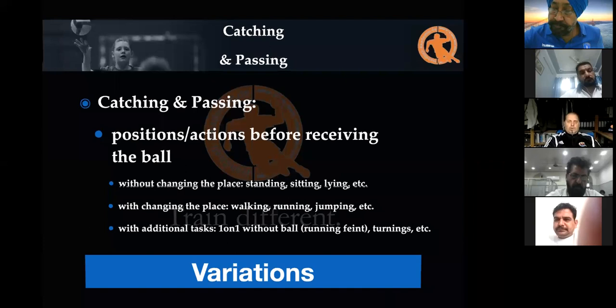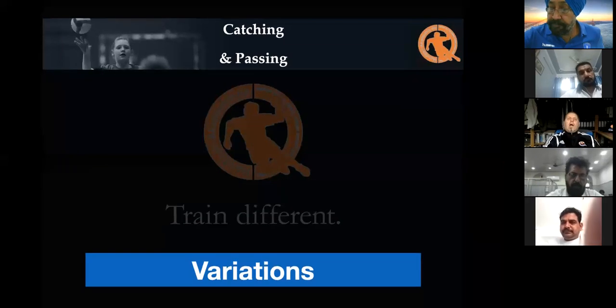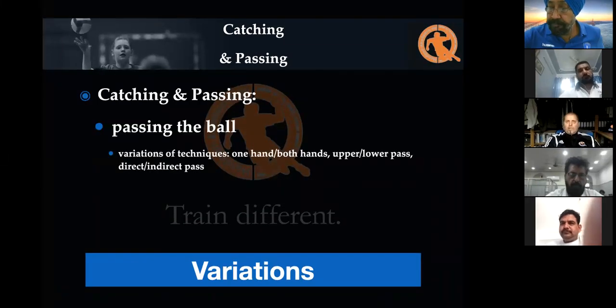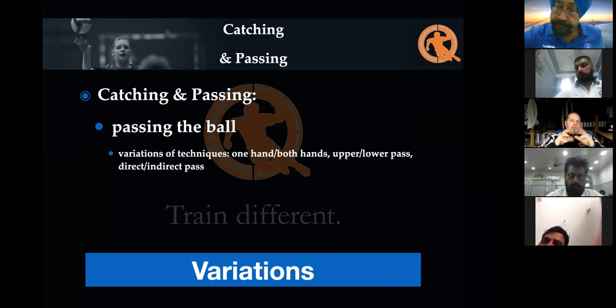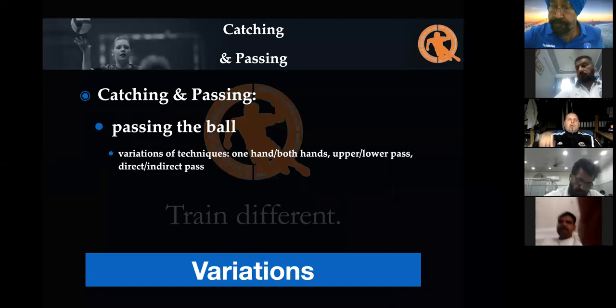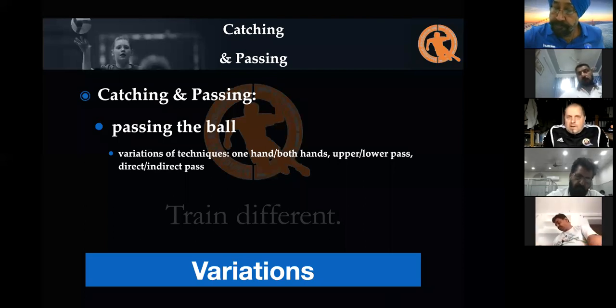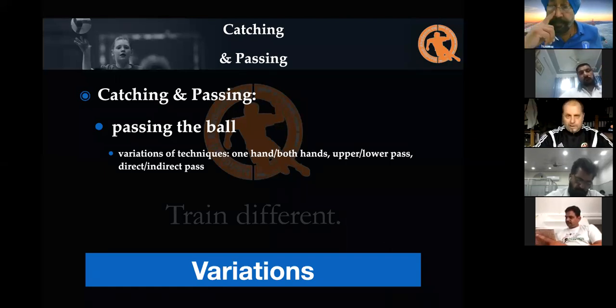Second phase of the drills is how they pass the ball. And then we have the different variations of the passing techniques. Passing with both hands, passing with one hand, the upper pass, the lower pass, direct or bounce pass. So you know all these elements very well. And from my side, I want to say to you, there is no preference.